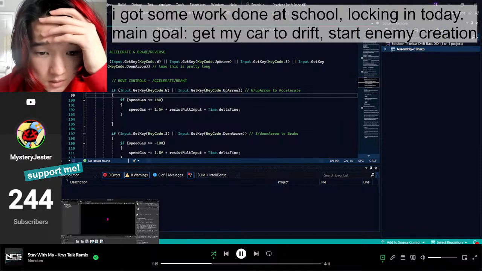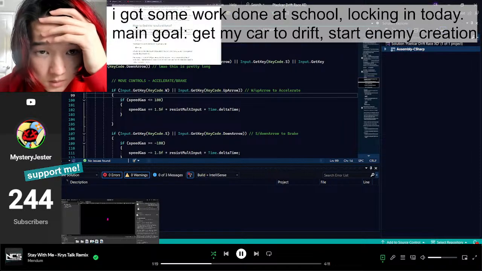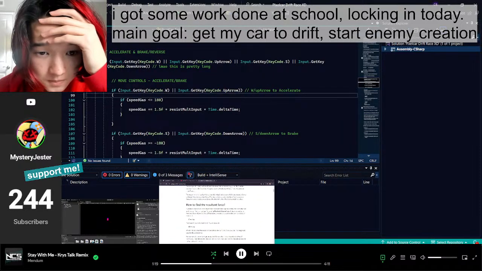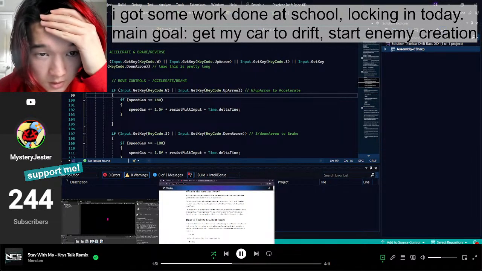I gotta show window capture 3. Whoopsies. I'll keep it the same size. I'm trying to figure out how to calculate the resultant force, or whatever.